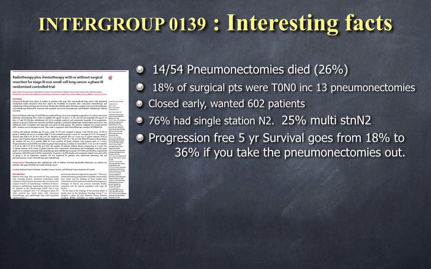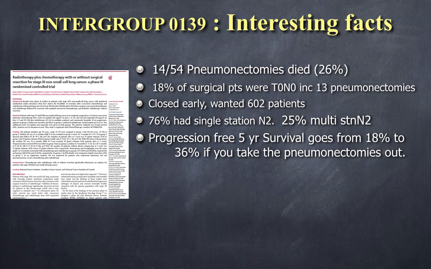But the interesting thing about this study was that the pneumonectomies did horribly. 26% died. And so a lot of people do subdivide this study and say, well, if you take the pneumonectomies out, then actually there's a massive progression-free survival difference. 18% in those having radiotherapy alone versus 36% in people having trimodality treatment.